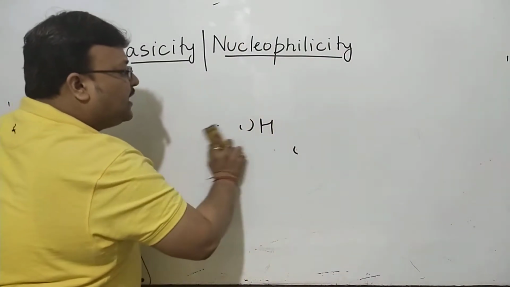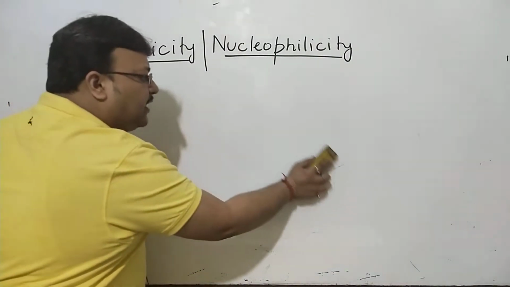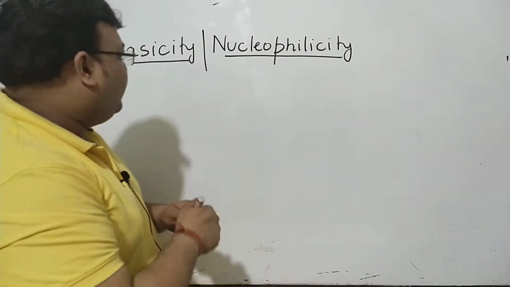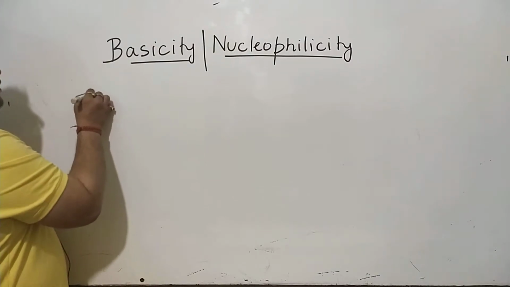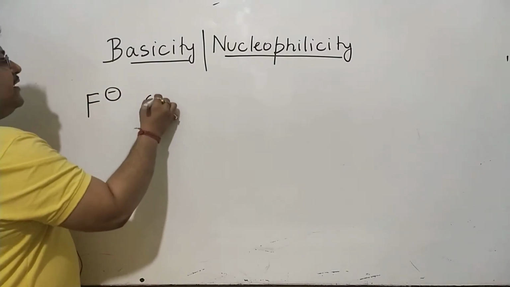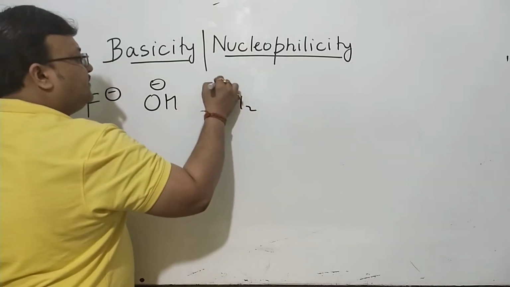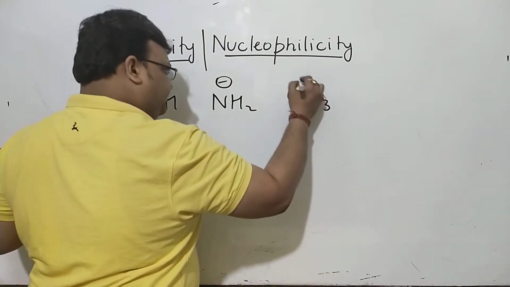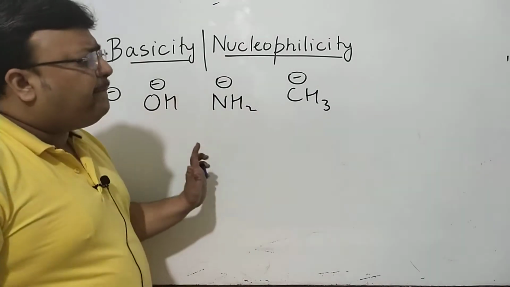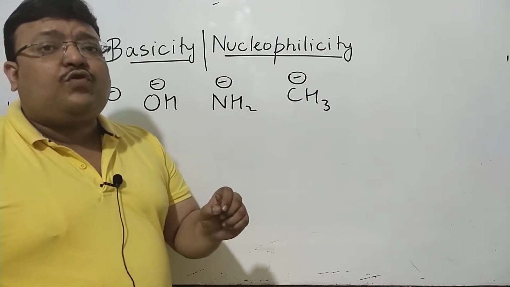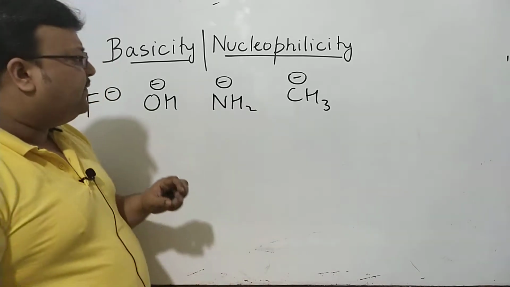Every time you are asked to compare basicities, and again I might have told this in the past, suppose we are given a set of species like F minus, OH minus, NH2 minus and CH3 minus. Every time we are asked to compare basicity, we always want to think about the corresponding acid.